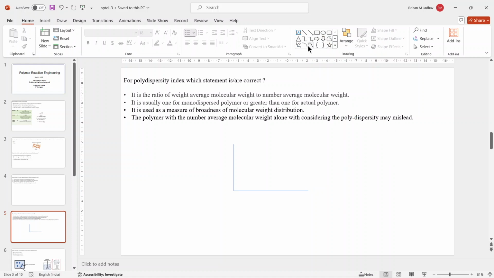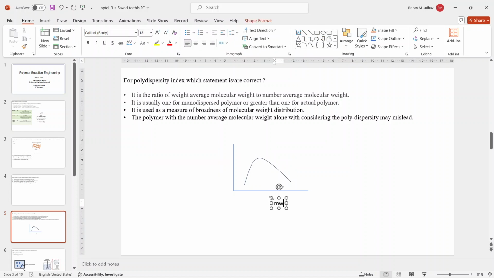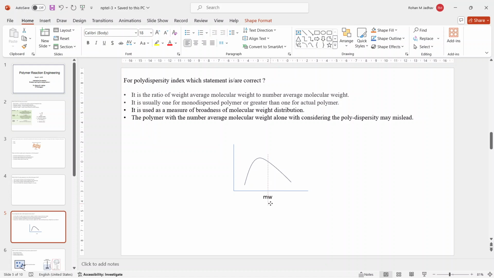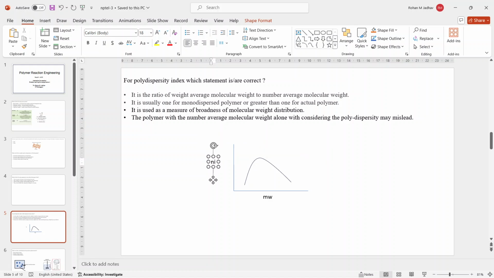So the polymer dispersity index will be looking something like this. On the x-axis, you will have the molecular weight, which is increasing, and on the y-axis, you will have the fraction. You can call it ni or some variable which tells you the fraction.